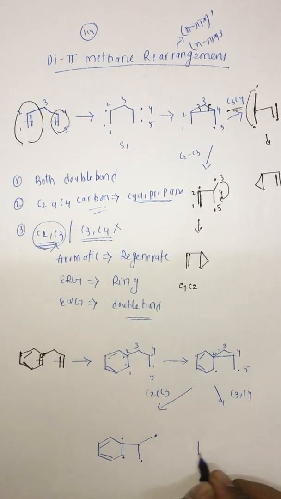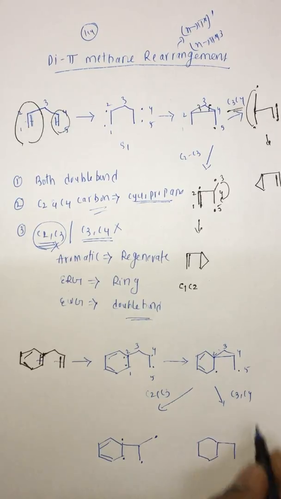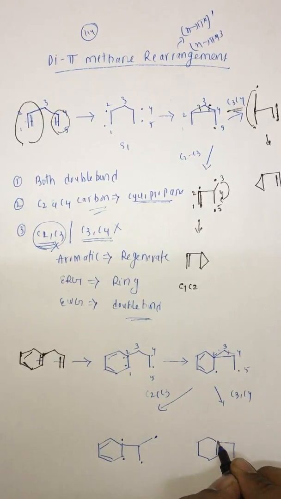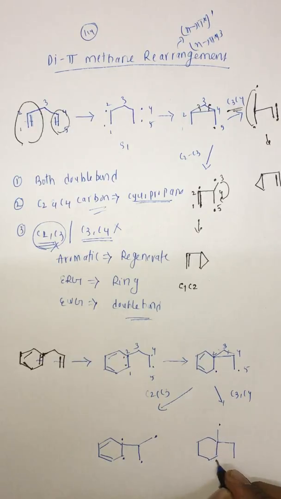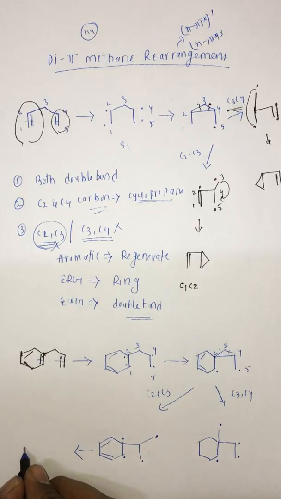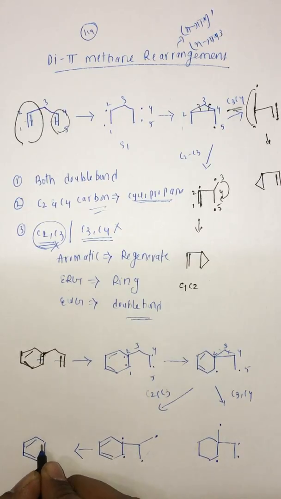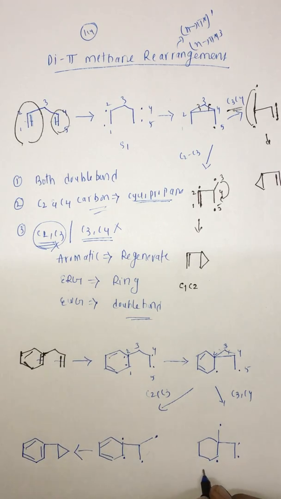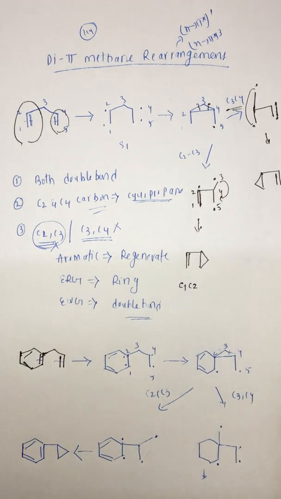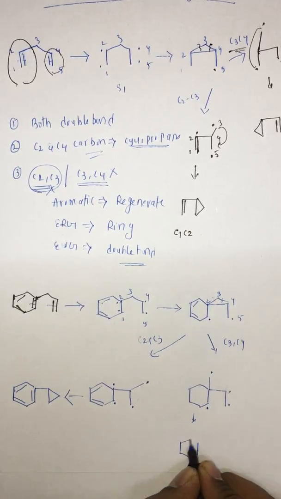And when you see this one, here we are breaking C3C4, that means here radical comes, double bond, and the product will be these two form a bond, and these two form a double bond, and this one forms a cyclopropane ring, and here we will get this product.